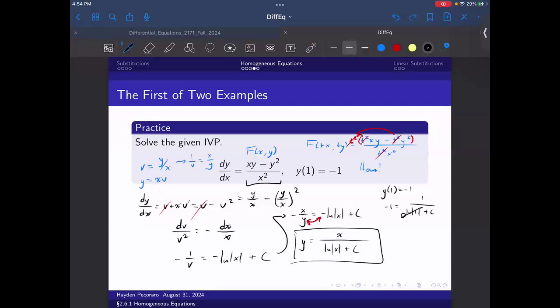That's 0. And so c equals -1. And then that tells me that my actual solution is log x minus 1 here. Okay. And so there is my actual solution with that initial condition.